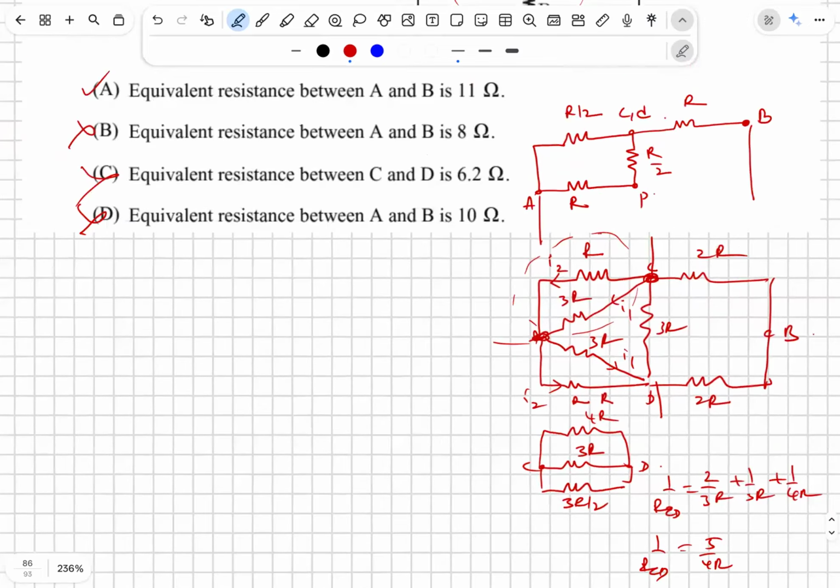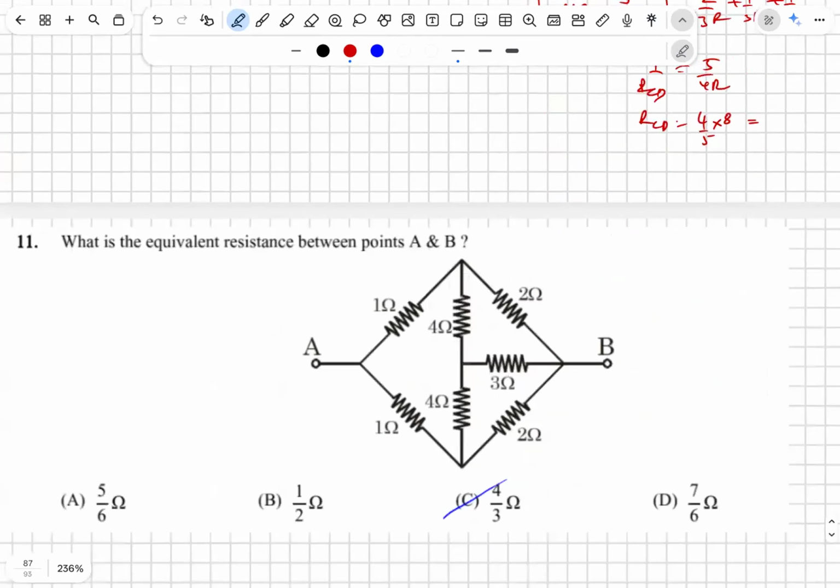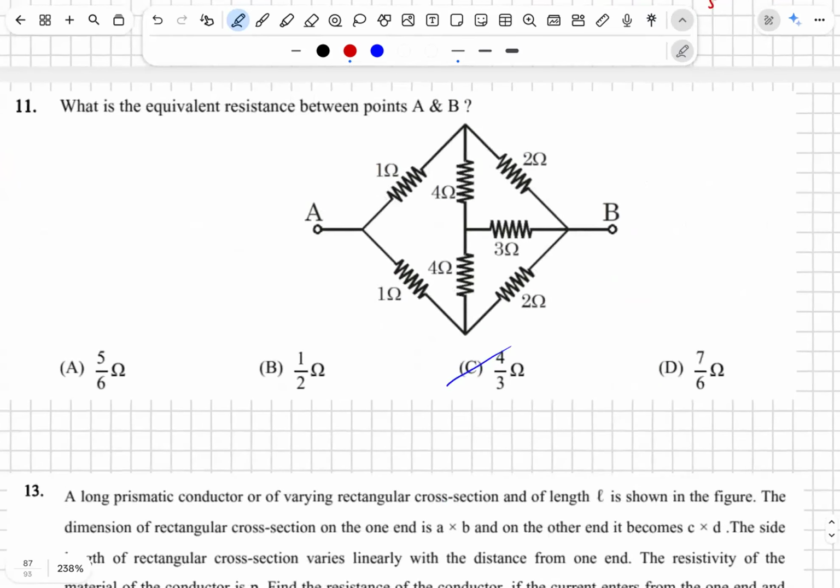Any doubts further on this? Yeah. What is the equivalent resistance between A and B? I see it's the same. Whether you go with star to delta or I go with folding makes no difference.